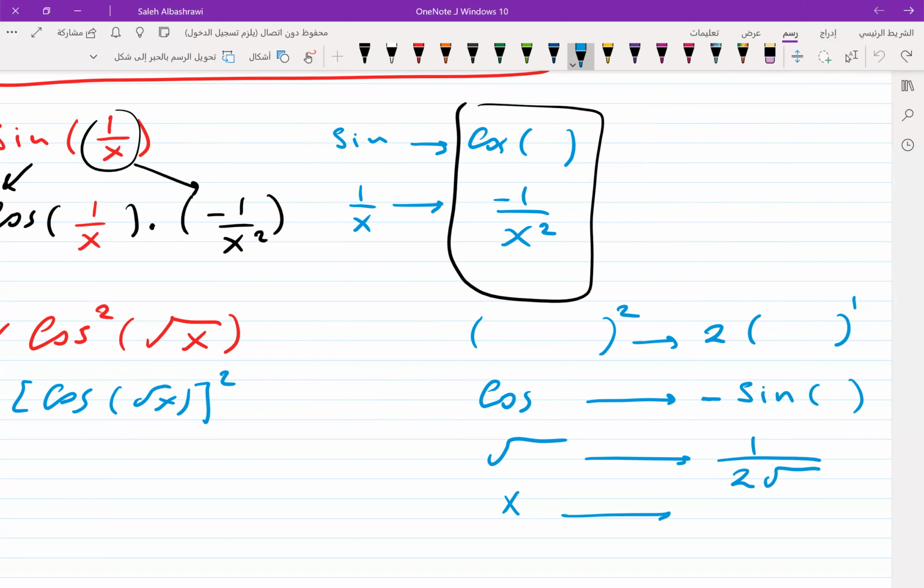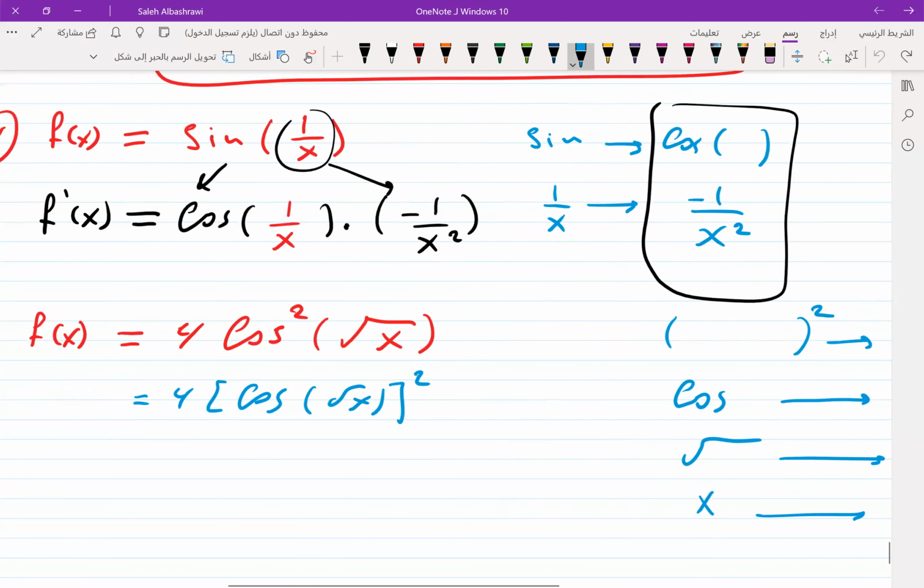The derivative of x is equal to 1, and that's why we don't need to write it. So I have 3 derivatives now. I have 2 multiplied by bracket to the power 1, then differentiate the second one, cosine, which will give me minus sine, then differentiate the third function, the square root, which will give me 1 over 2 square root.